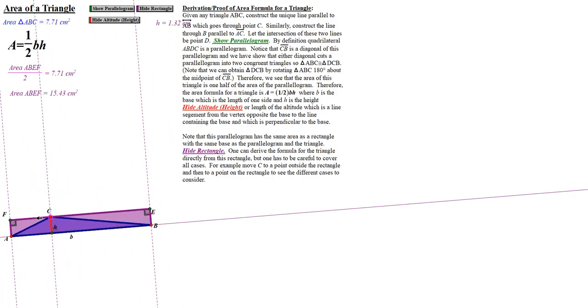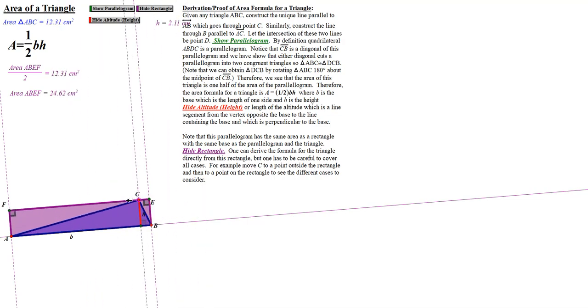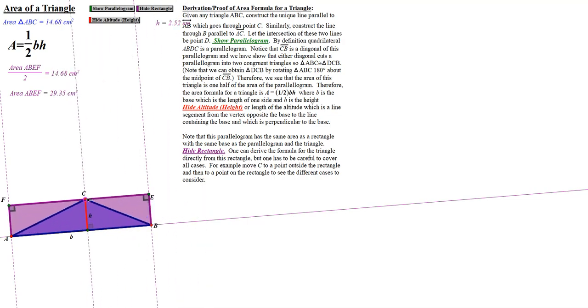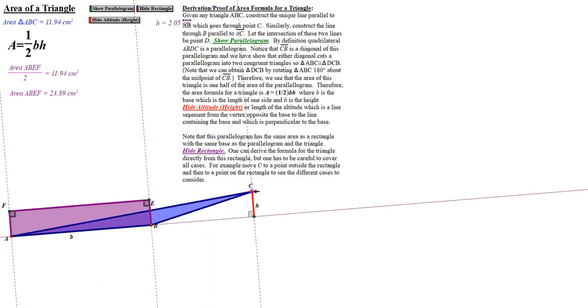Works fine when this point where C goes down to this line going through A and B, that's called an altitude. And so if that altitude lands in between A and B, this little picture works out really nicely. But if C's out here somewhere, it's a little harder to see, okay?